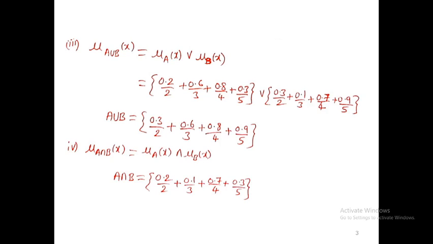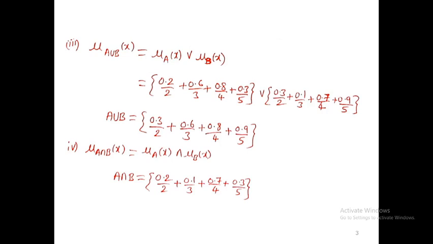So here we are doing the same operation with numbers. If you want to do the union, you need to take the highest value at that point. The highest value at the third point is 0.6. From both sets, one is 0.6 and the other is 0.1.